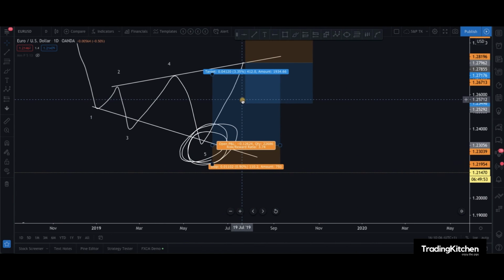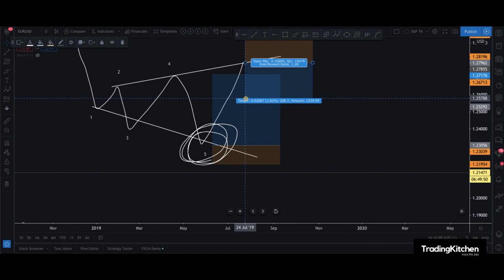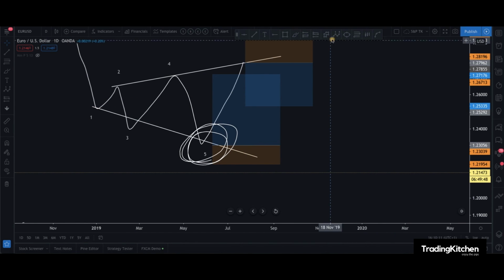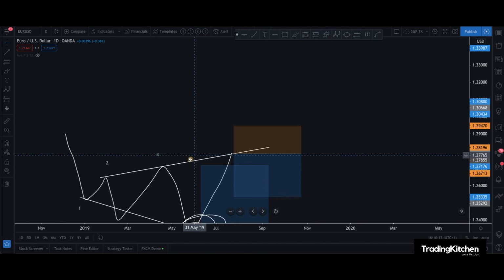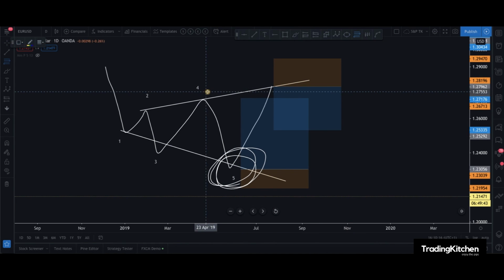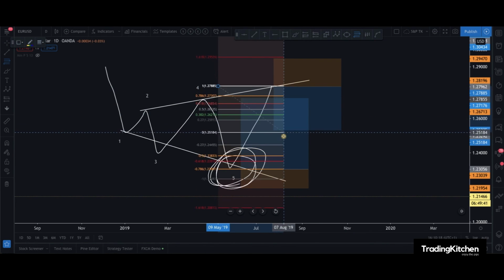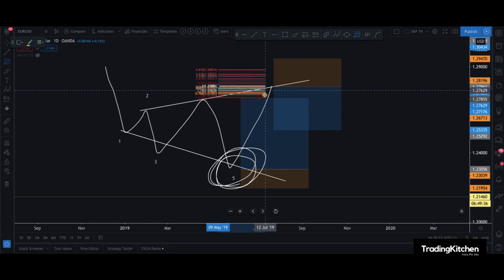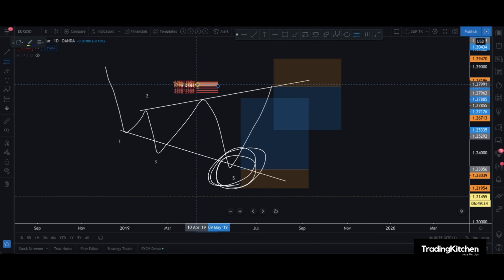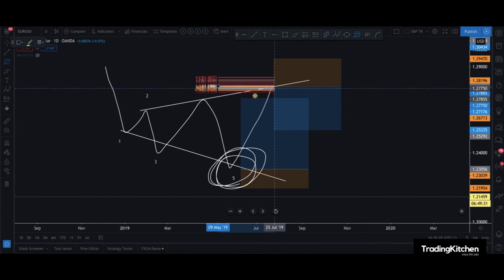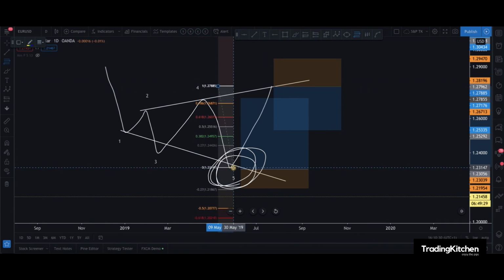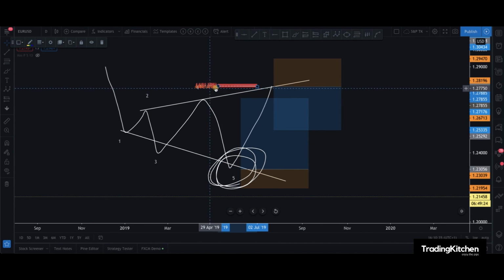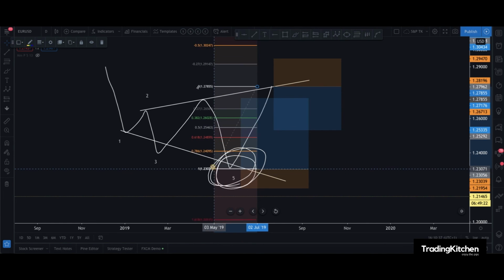Okay, and take profit, if you take Fibonacci from the entry, sorry, from the 0.5 to the entry.